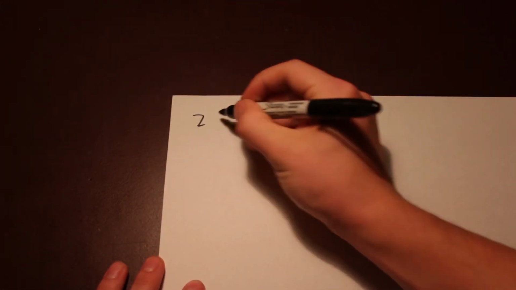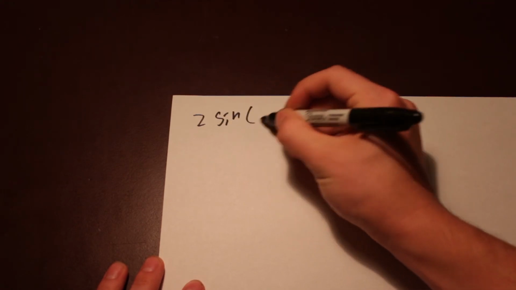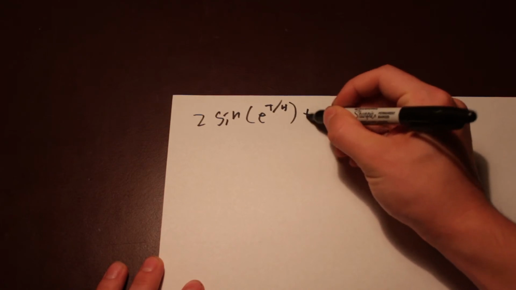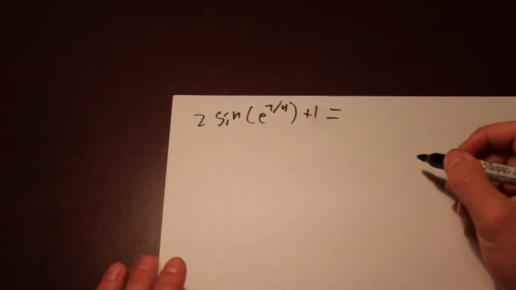So we set the velocity function, which is 2 sine of e raised to the t over 4, plus 1, equal to 0.